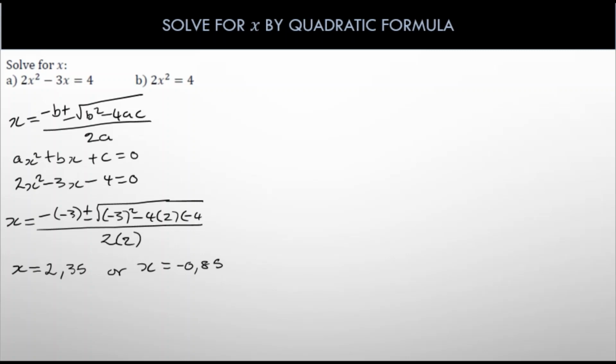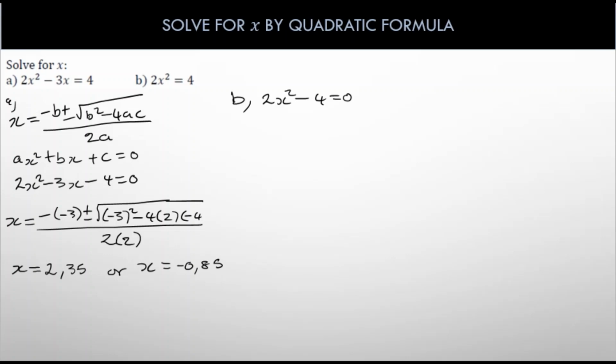Similarly, when we have the second one, this was a, and then we are doing b. 2x squared minus 4. Remember, your equation must be in standard form, so take 4 to the other side. 2x squared minus 4 is equal to 0.